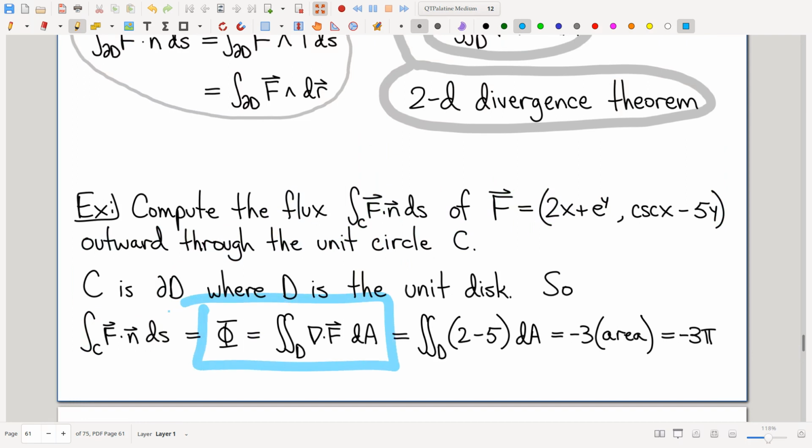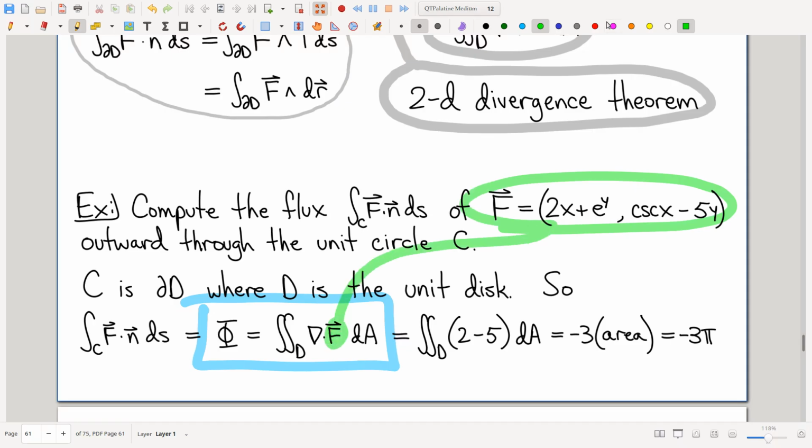You don't have to parameterize the curve. You don't have to deal with the normal vector and orientations. You have to recognize that it's oriented correctly outward, right? But you don't have to actually write down that orientation vector, and you can just say, okay, double integral of divergence.